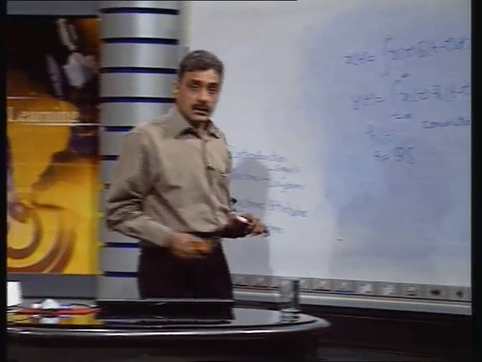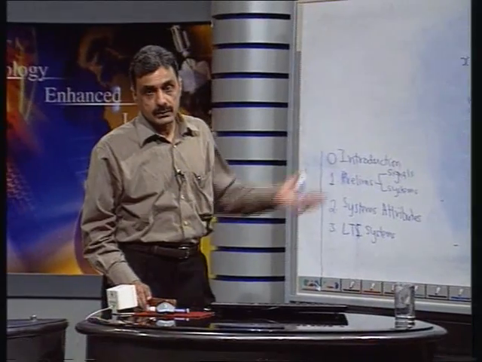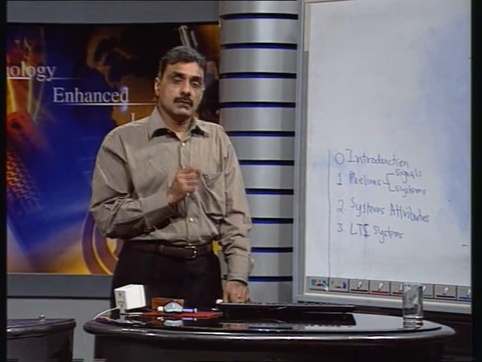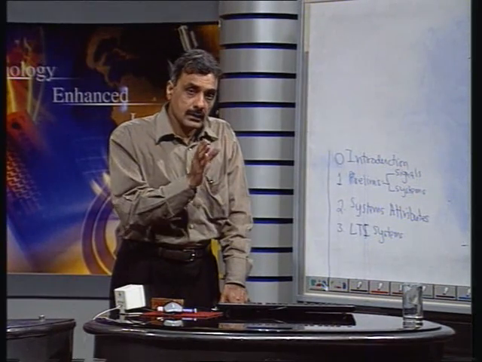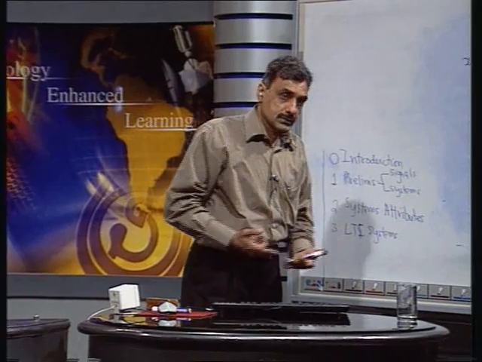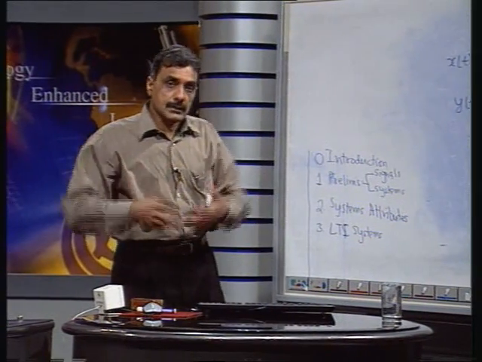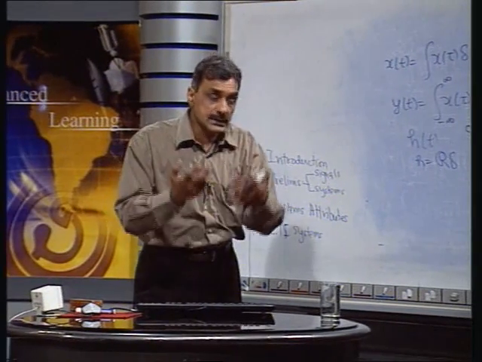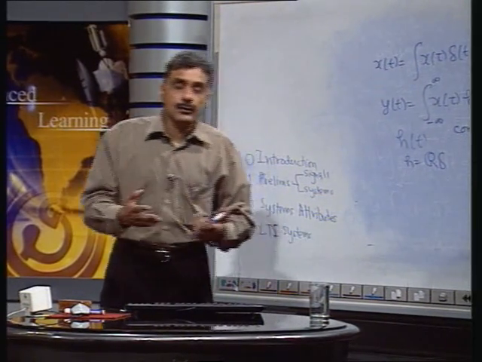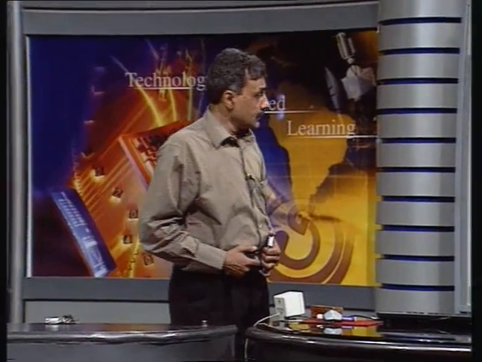Now, how did I approach this? I defined the delta function, then I expressed an arbitrary signal in terms of the delta function, and I could immediately get a characterization. Now let us define another class of signals, exponential signals, and then we will see that they also give rise to another characterization of LTI systems.